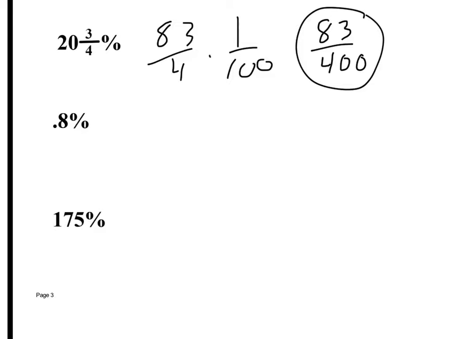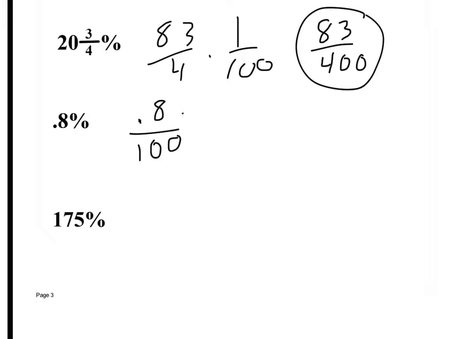And then if you have a number that's less than 1, first thing you do, write 0.8 over 100. Remember, everything's over 100. But I can't leave a decimal in a fraction. So what I have to do is move that decimal place one place. Does anyone know how I do that? What do I do mathematically?